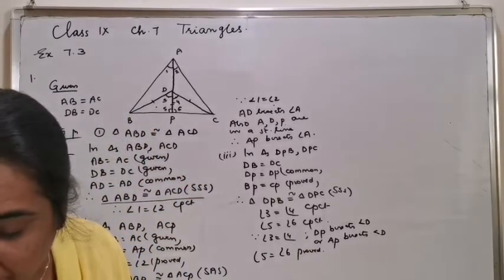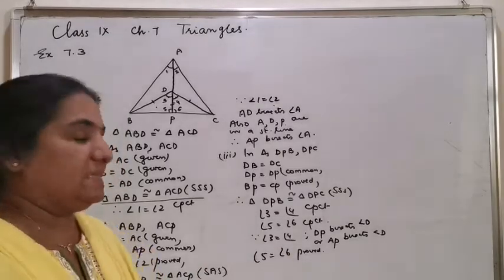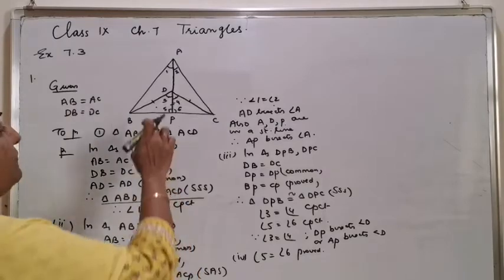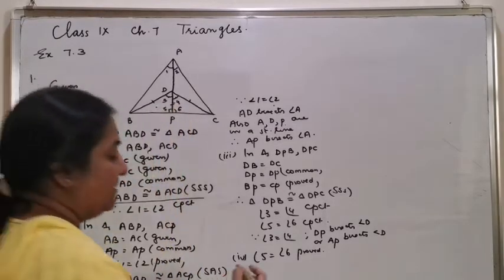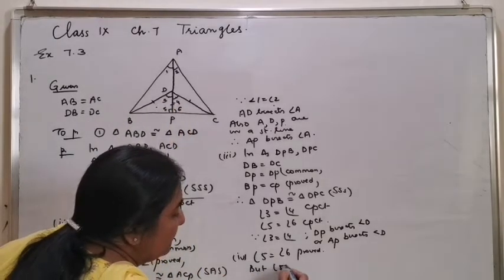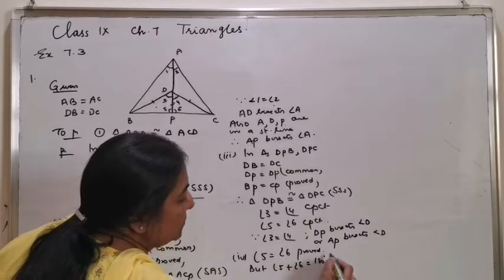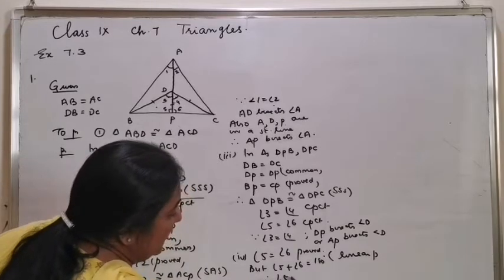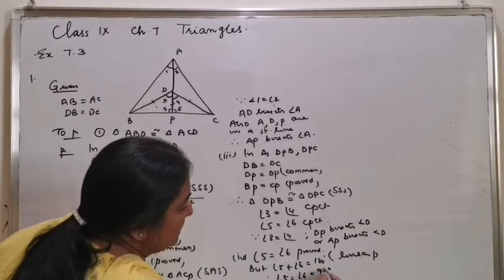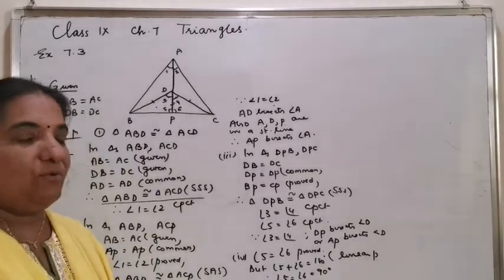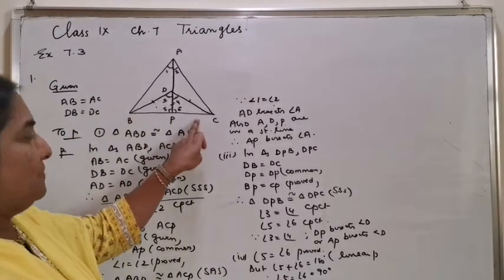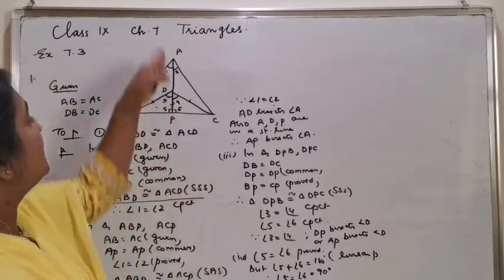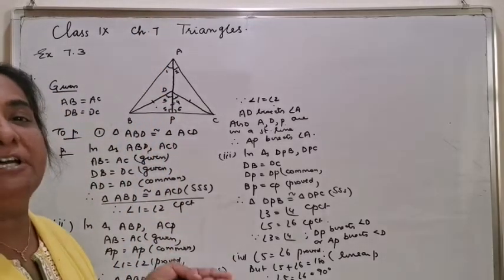Thus, we are going to prove that AP is the perpendicular bisector of BC. Angle 5 is equal to angle 6, proved, but angle 5 plus angle 6 is equal to 180 degrees, a linear pair, which shows that angle 5 is equal to angle 6 is equal to 90 degrees. Now, we know BP is equal to PC. We know angle 5 and angle 6 are 90 degrees, which shows that AP is a perpendicular bisector.